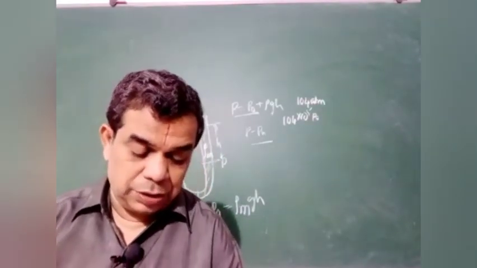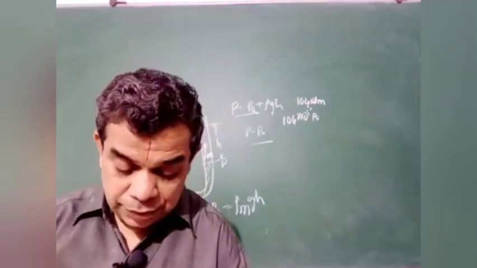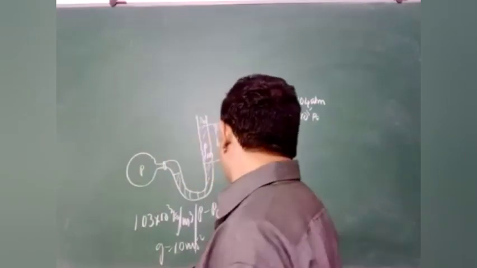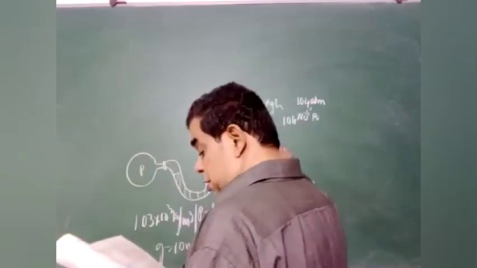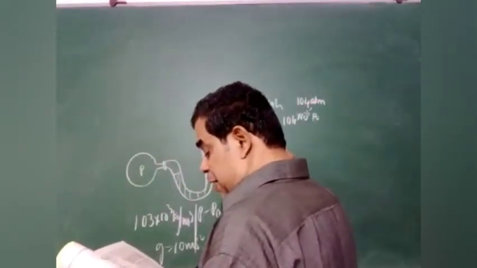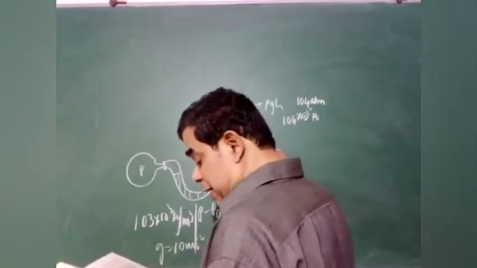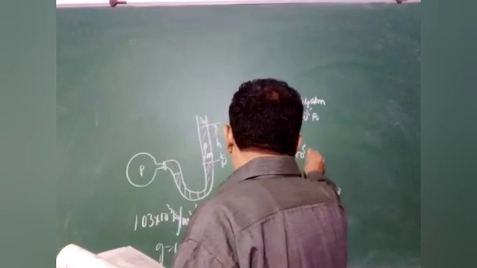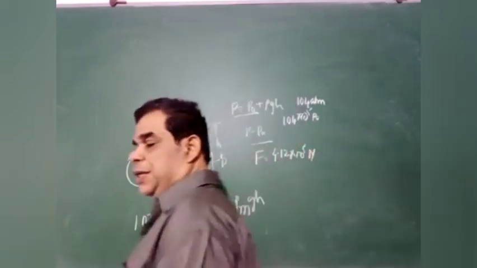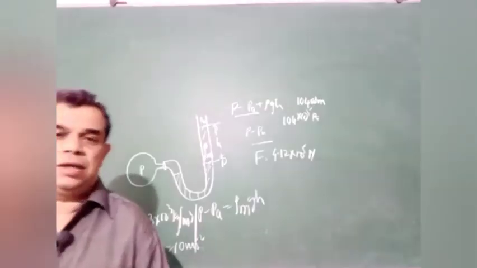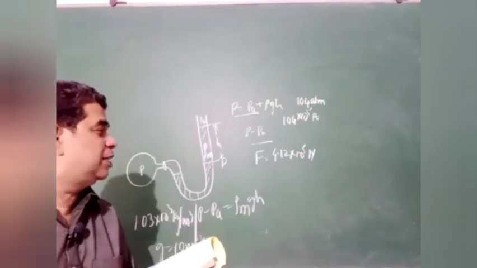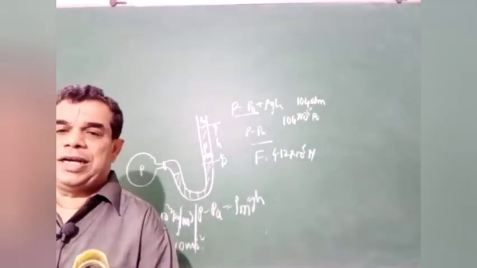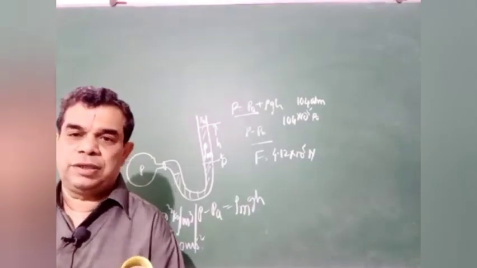4.1 times 10 raised to 5. Okay, nice. Force on the window you can calculate as gauge pressure into area, which gives 4.2 times 10 raised to 5 Newton. That is the answer. Just calculate gauge pressure 103 times 10 raised to 5 into area 20 into 20 times 10 raised to minus 4.